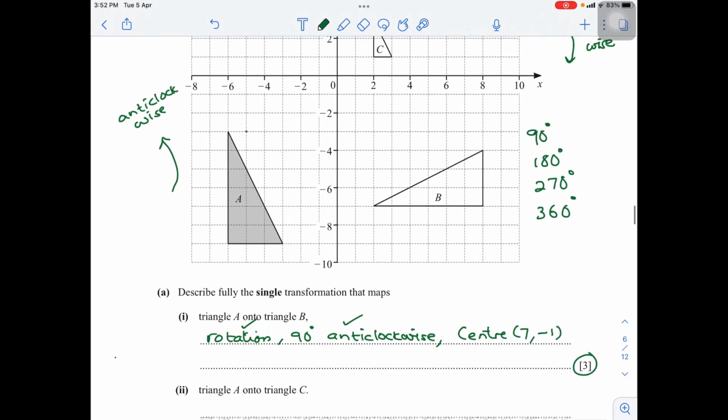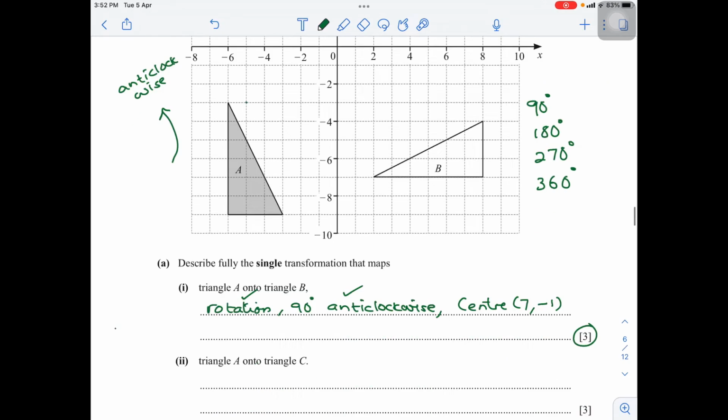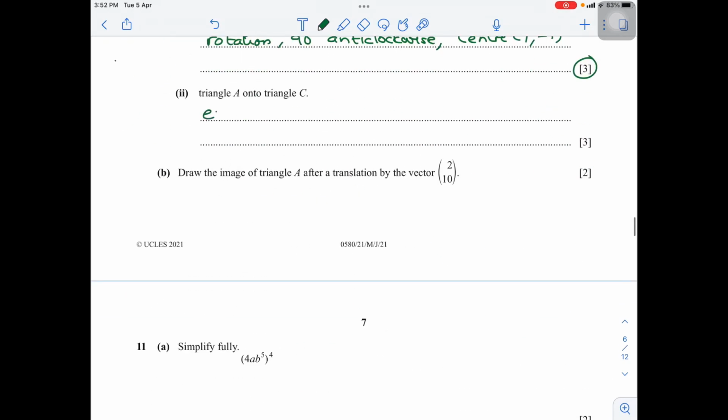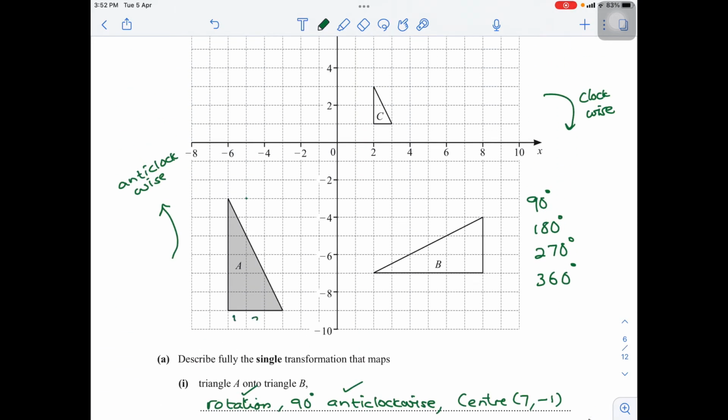Triangle A onto C. Now A, which was a larger triangle, has become a smaller triangle. If the larger becomes smaller or smaller becomes larger, then it is always enlargement. So I'm writing enlargement. The other thing is scale factor. How big or how small, that's called scale factor. Now this is 1, 2, 3 and that's 1.